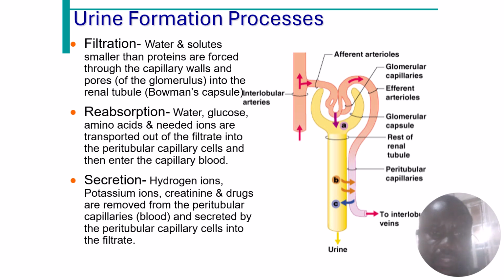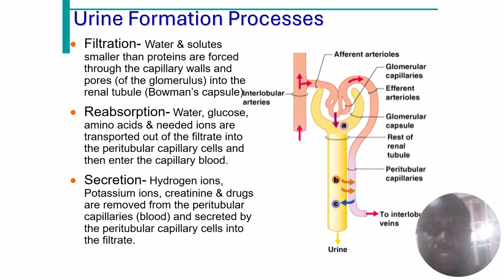This process ensures that we have water going back to the body, glucose, amino acids, and the needed ions such as potassium and sodium. Then secretion is a process where excess substances including hydrogen ions, potassium, creatinine, including drugs, are secreted back into peritubular circulation by protein carriers so that they are added back to the urine and we maintain the balance for blood.